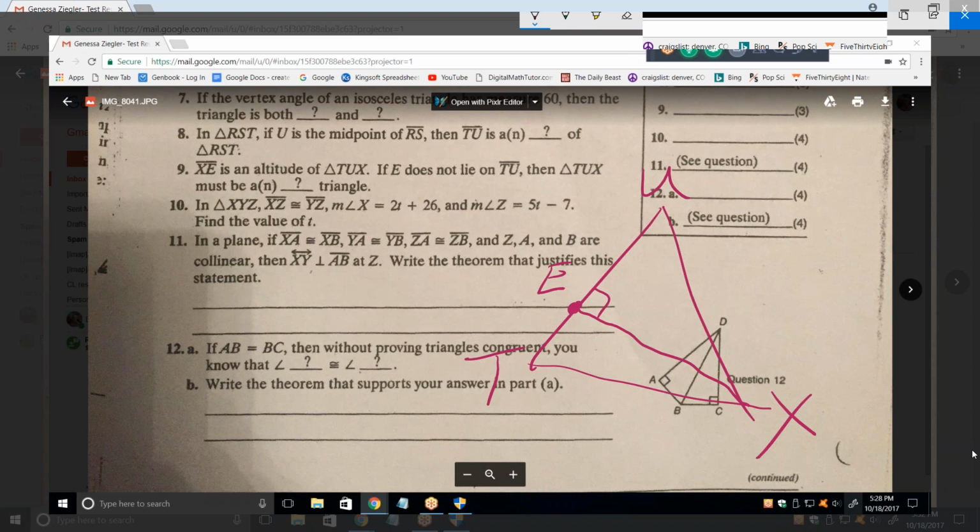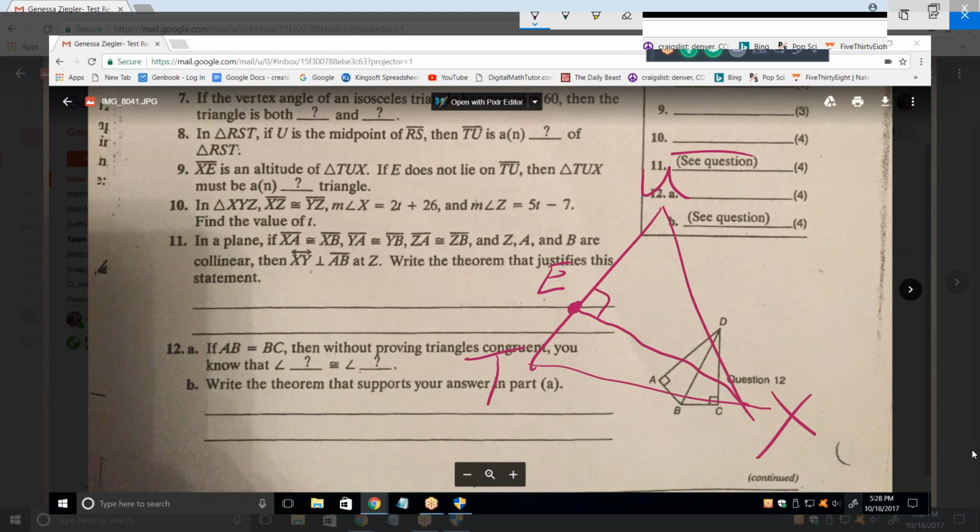If E does not lie on TU, what the heck do they mean here? Oh, okay, I know what they mean.